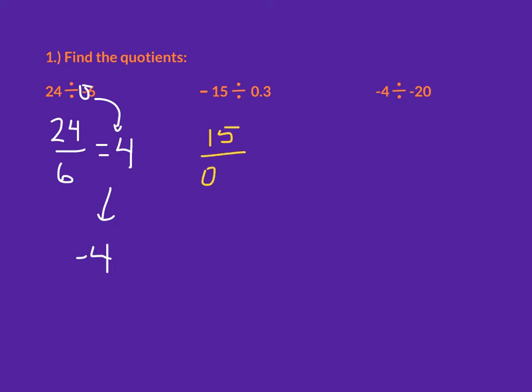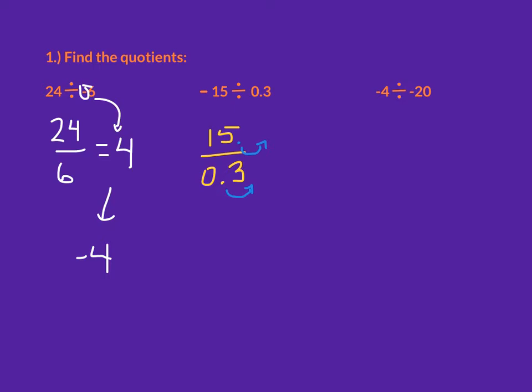Okay, we've got 15 divided by 0.3, or 3/10. So for this one, I know that I can't divide with that decimal there, so I'm going to move it to the end, which means I move it one place, which means I need to move the one on top one place. Remember that decimal goes at the end, just like a period goes at the end of the sentence.